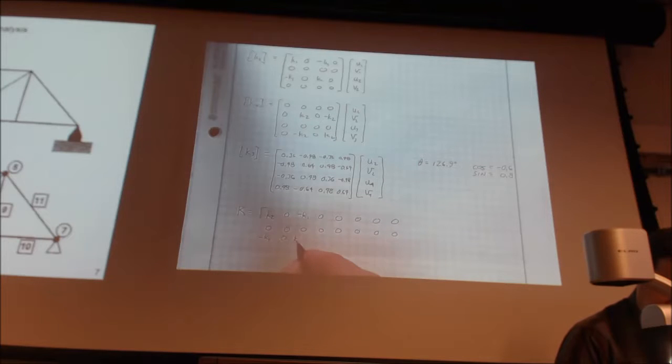And we'll squish this in here. K1 plus 0.36 K3. This is a minus 0.48 K3. 0, 0.